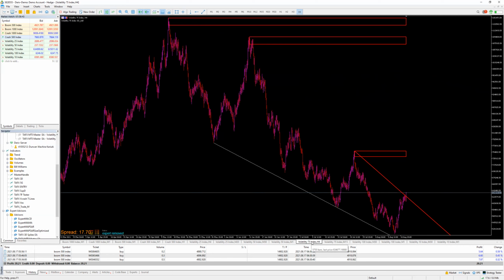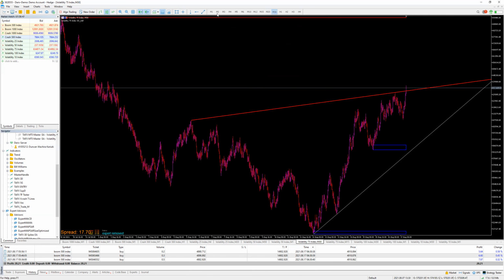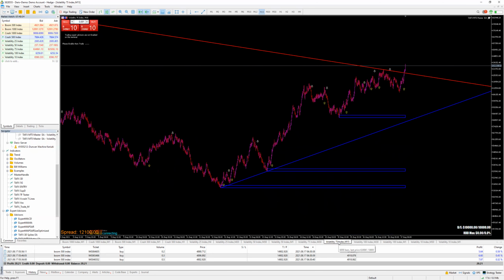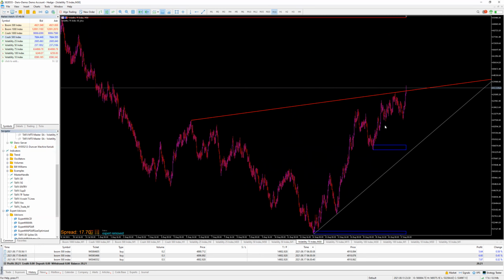So if you want to pick signal, for instance, from 30 minutes, there is no problem. You only need to choose this one for the H1. But if you want to adjust the supply and demand, that is up to you guys. There is no problem, because you are identifying the zones that you want to trade.